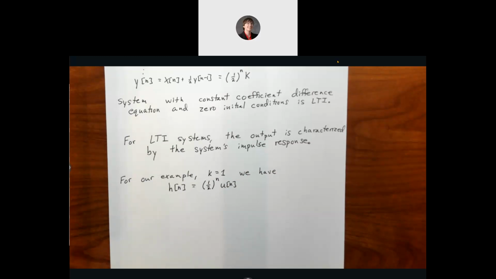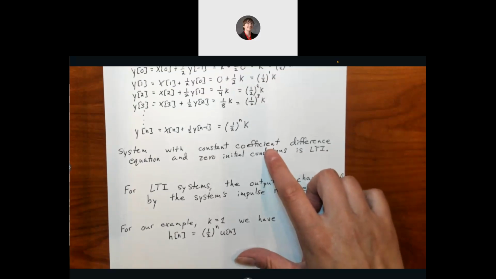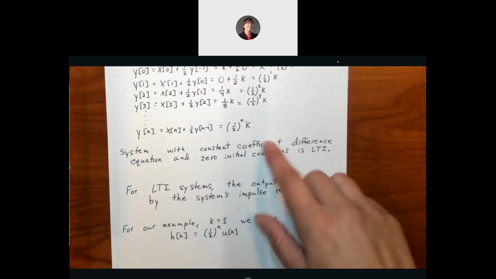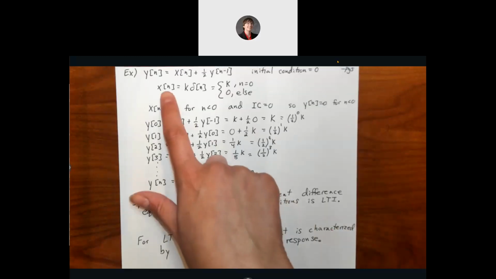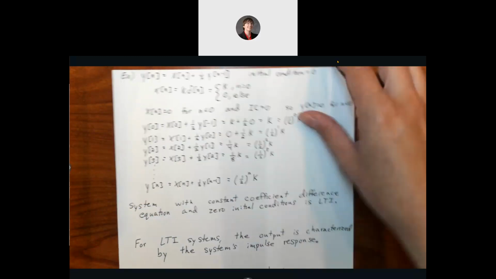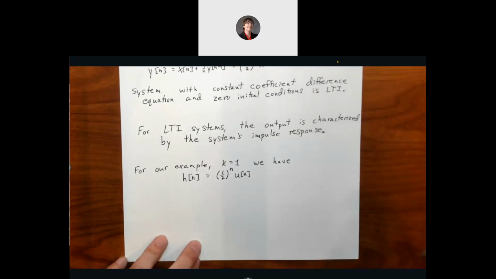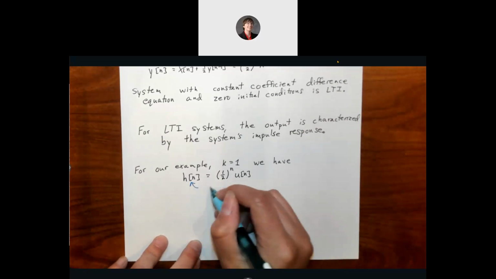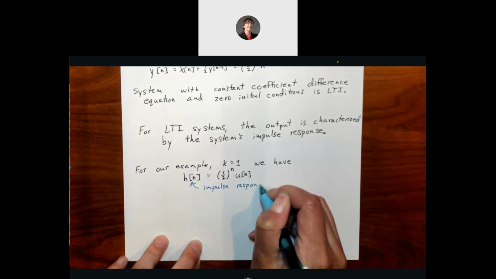Because we know that the output, if n is less than 0, is going to be 0. So that's what this u of n captures. And when n is greater than or equal to 0, we have this form. If we want just the impulse response, then that's when k equals 1, because then we'd have the input is just that delta n. So this h of n here is our impulse response.